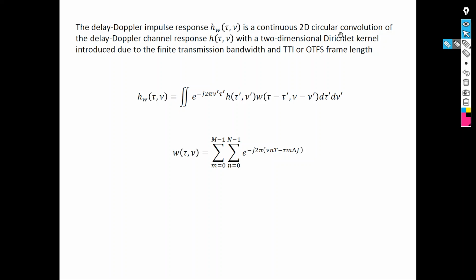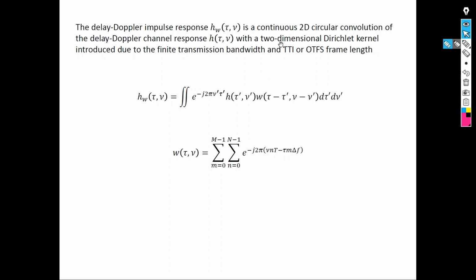It's the circular convolution with a two-dimensional kernel introduced due to the finite transmission bandwidth and TTI, or OTFS frame length. This is related to the transform function and the channel after the transformation process.